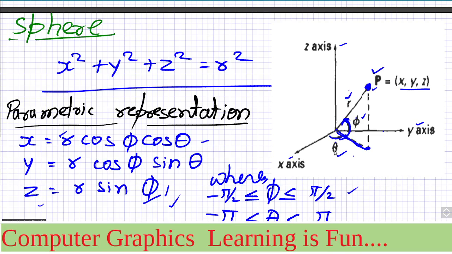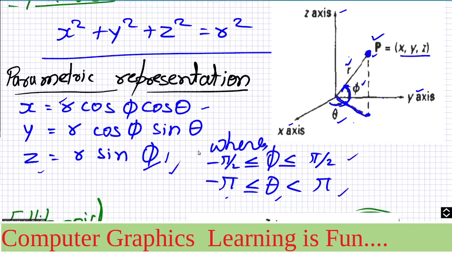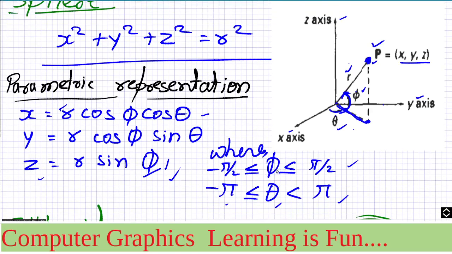Theta is the distance from the x axis, and phi is the angle between the horizontal axis and the actual r. So considering these things, you can easily represent a sphere. All the points on the surface of a sphere can be easily found. How? You will have to range the value of theta and phi accordingly.